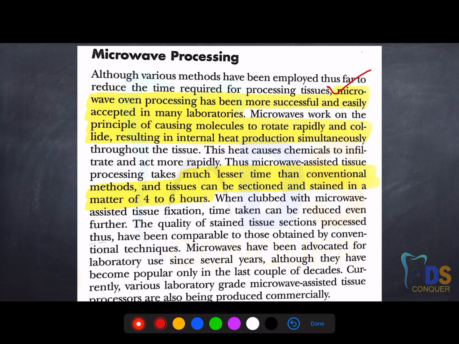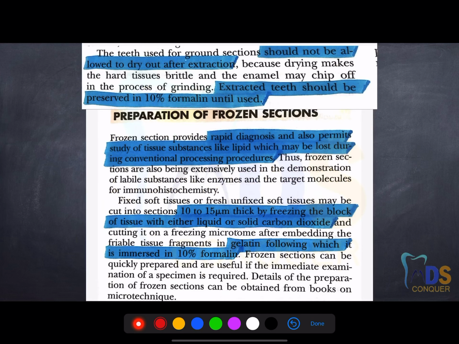Okay, this is a very, very important thing. So it requires much lesser time than the conventional methods, and the tissue can be sectioned and stained within 4 to 6 hours. That's a primary advantage. So just go with the underlined stuff. These are the few areas where you need to make a note of this underlined stuff.